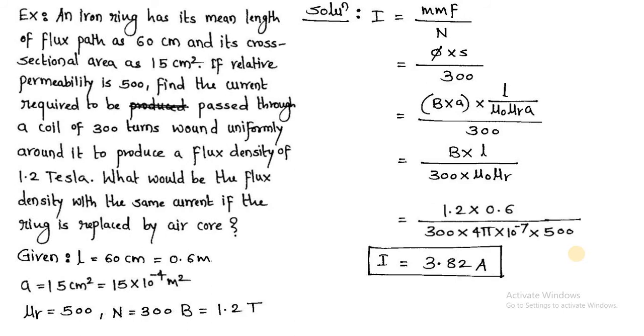Because flux density is phi by A, phi is nothing but B into A. Or vice versa, if flux and area are given, you can calculate flux density by taking the ratio phi by A. Third, you learned to calculate the reluctance S, which is L divided by mu 0 into mu r into A.